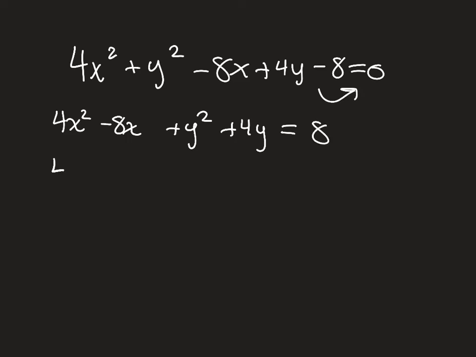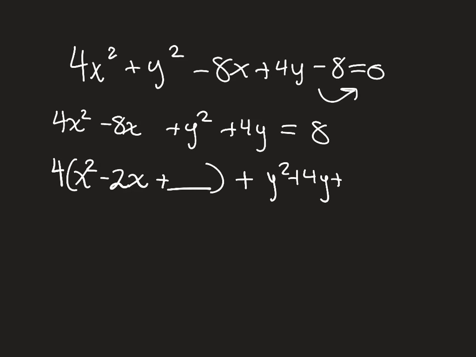Pull my 4 out of my x stuff, so 4 times x squared minus 2x plus blank, plus, there's no number in front of my y squared, so y squared plus 4y plus blank equals my 8 plus something plus something. Negative 2 divided by 2 is negative 1. Negative 1 squared is 1, but we have to be careful and balance it, so we have the 4 out front.